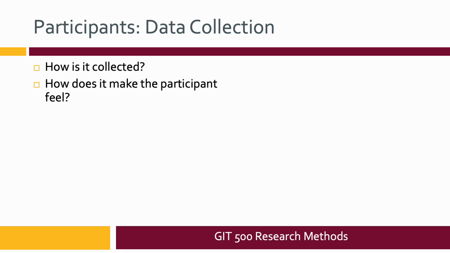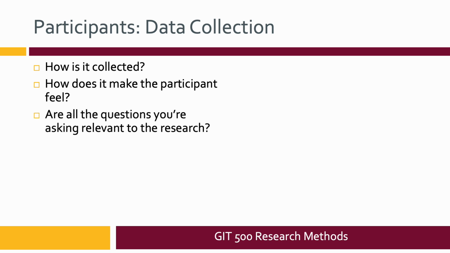Are we asking personal questions that might make them feel uncomfortable? A big one is, are all the questions that we're asking relevant to the research? Sometimes we ask things that we think might be interesting, but aren't really directly related to the research question that we have.